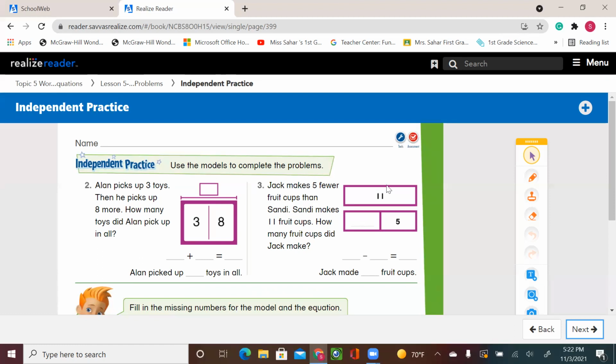So I know I have the whole. That's why we say that the bar helps you to find the missing number or the missing addend. I know that I have the whole, and I know that I have one part. So in order to get how many Jack made, I'm going to say 11 take away 5.